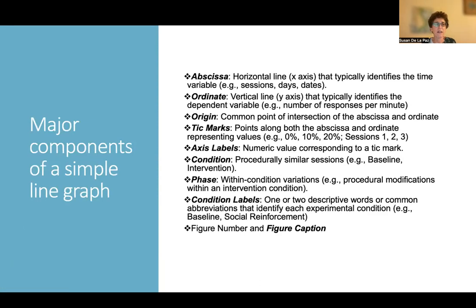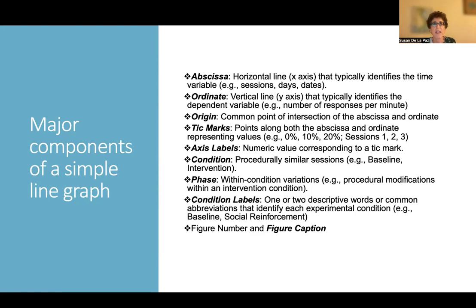So there are technically different components of line graphs. Because I know that the translation issue is daunting for a few people, I'll just go ahead and read through these, but they're basically information that you already know, just to label them.